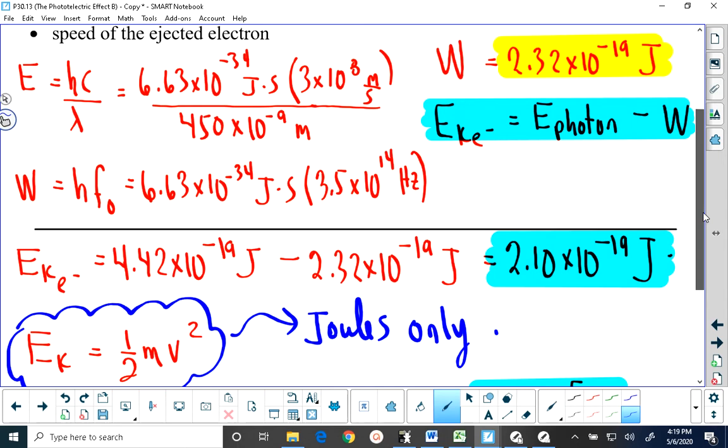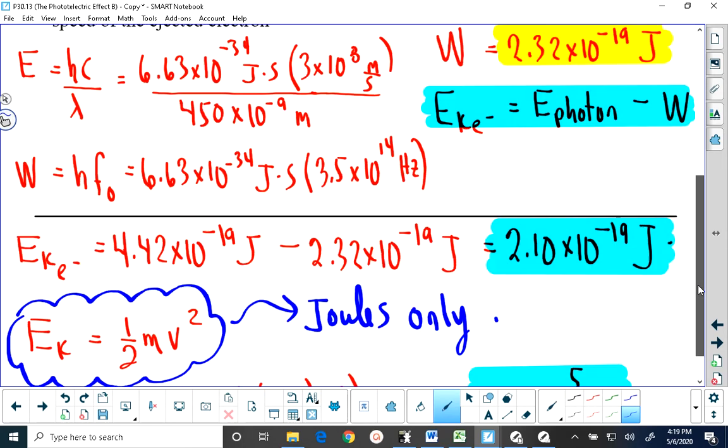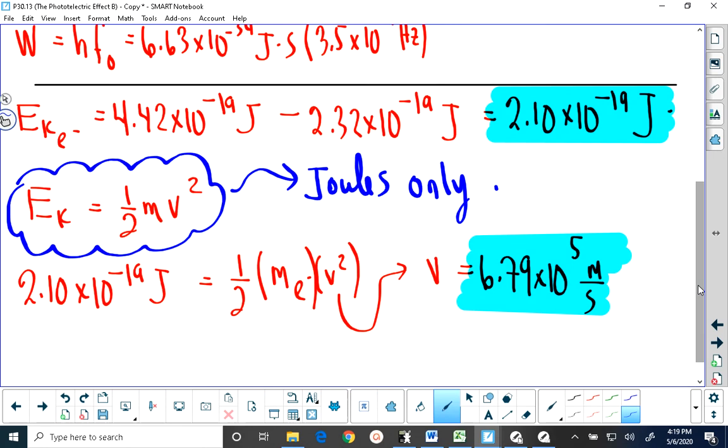You would have then had to convert the number of electron volts of kinetic energy to joules of kinetic energy before you did this final calculation. But you need to work in joules whenever you use EK equals a half mv squared.